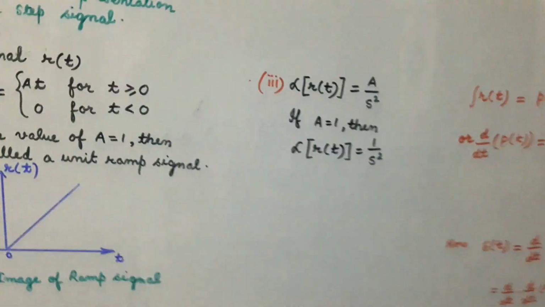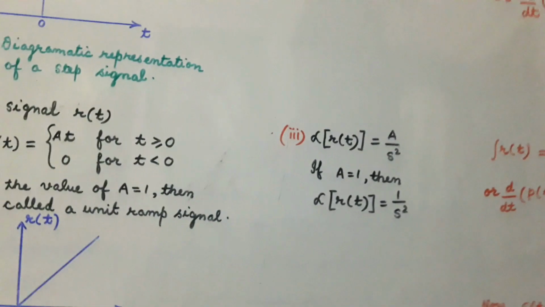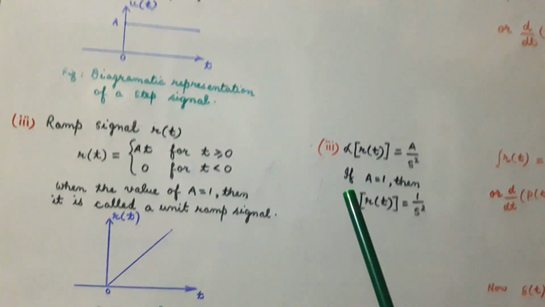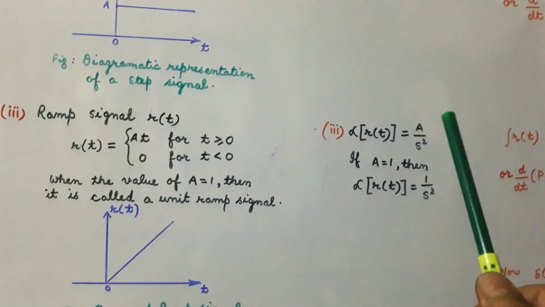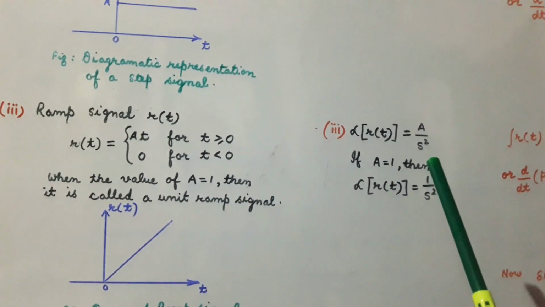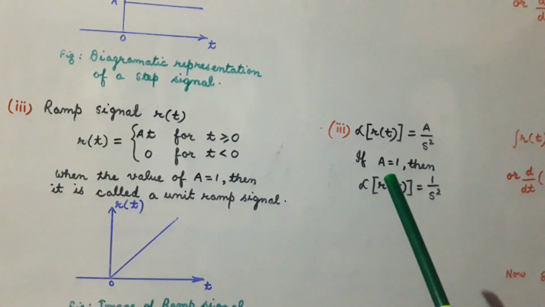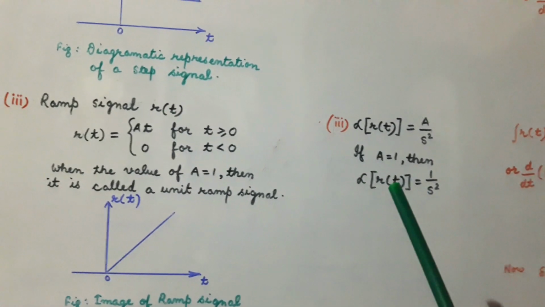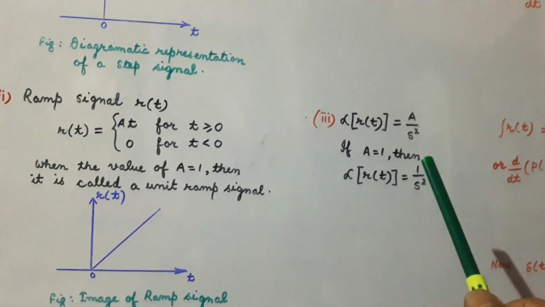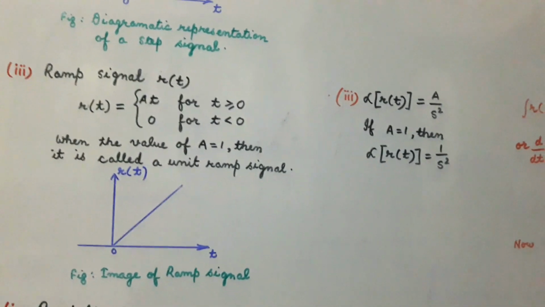Similarly, we have also seen that the Laplace transform of r(t), that is the ramp signal, will be equal to A by s square. However, if the value of A is 1, then this will be known as unit ramp, and the Laplace transform of the unit ramp function will be equal to 1 by s square.